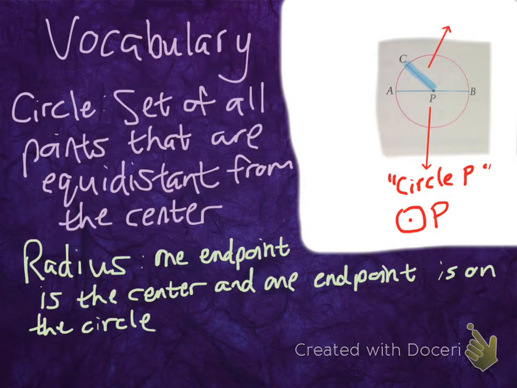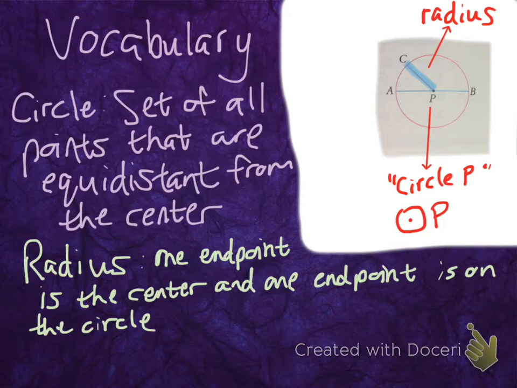So this segment here is a radius. You hopefully can find more diagrammed here. There's also PB, again because it's from the center to a point on the edge, and there's also PA. All three of those are considered a radius here, but we'll keep PC up there for the sake of the picture.